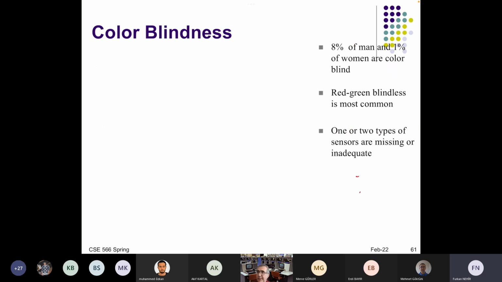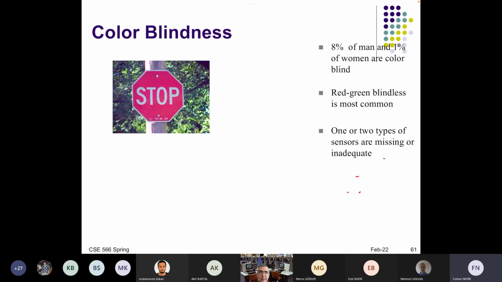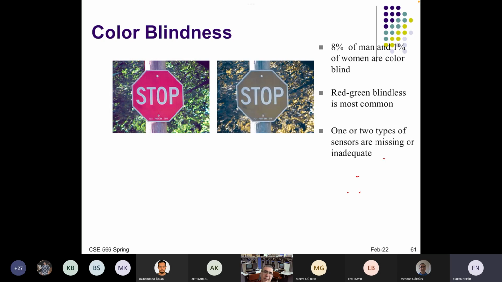Okay, some interesting information. 8% of men and 1% of women are colorblind. So women are more lucky here. In our class, I'm sure we have some. It is not a deficiency, it is a difference. So what they see is the stop sign is something like on the right.